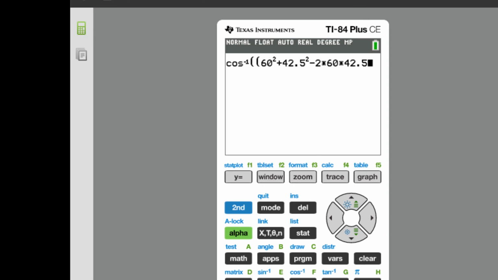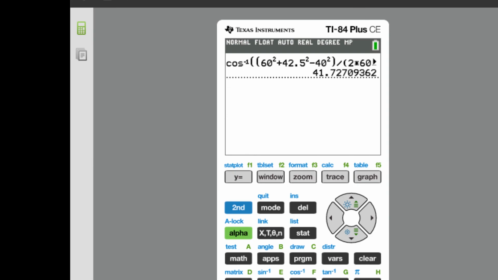Oh, I think I screwed up, sorry. Second, let's do it again. Inverse cosine, okay? Second parentheses, we have what? 60 squared plus what? What do we get? Is that 41 point what? 7?